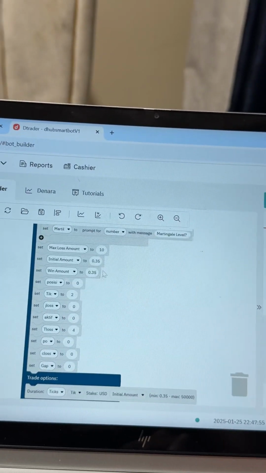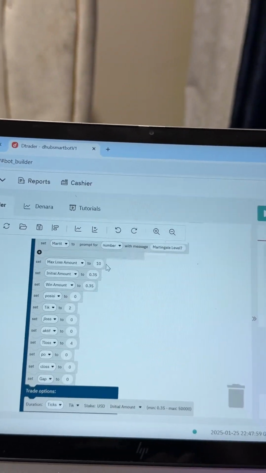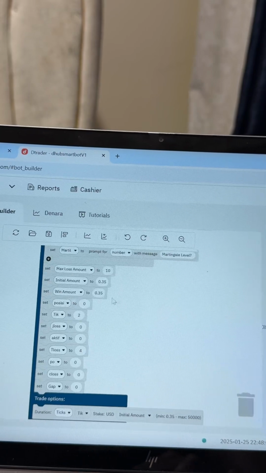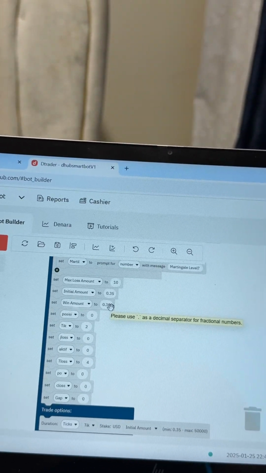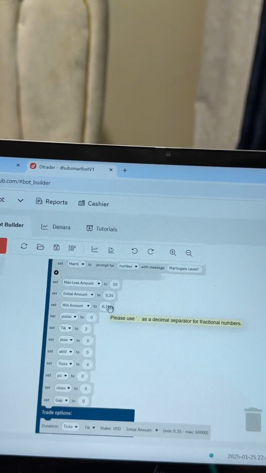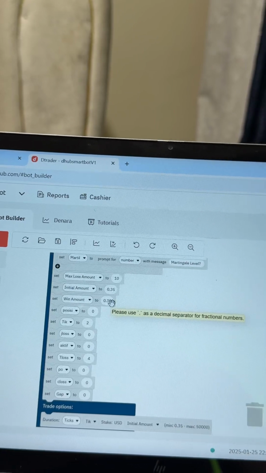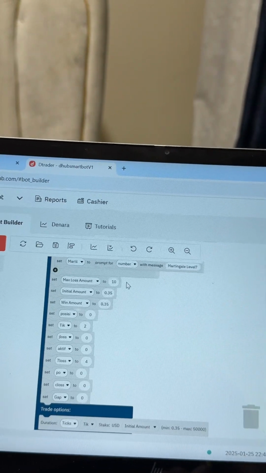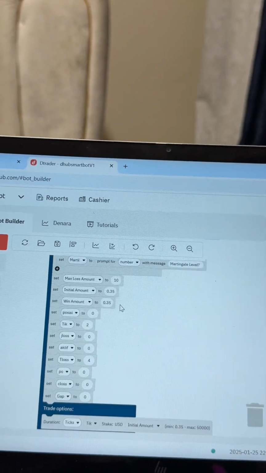In short, it returns to the win amount. If it gets to the maximum amount of losses, it resets to 0.35. Whether your martingale had gotten you to like 20 USD, if you get to a maximum loss, it will reset to your win amount.